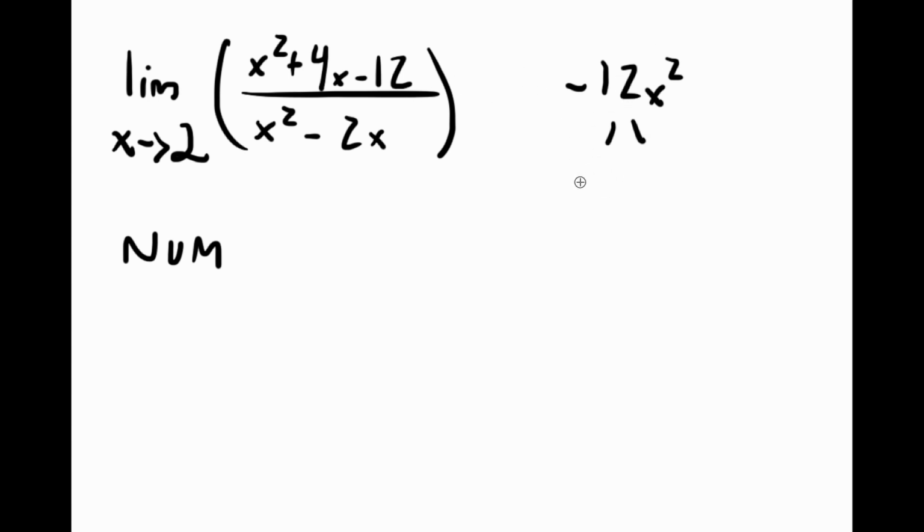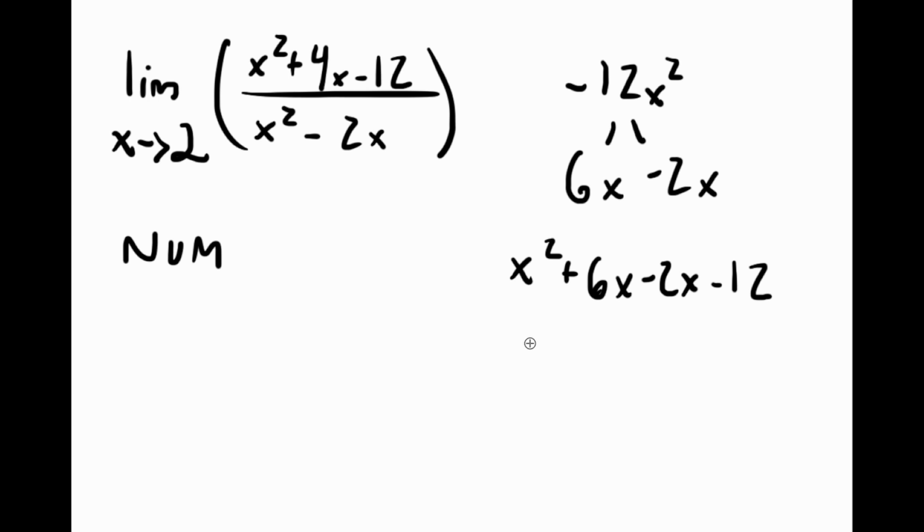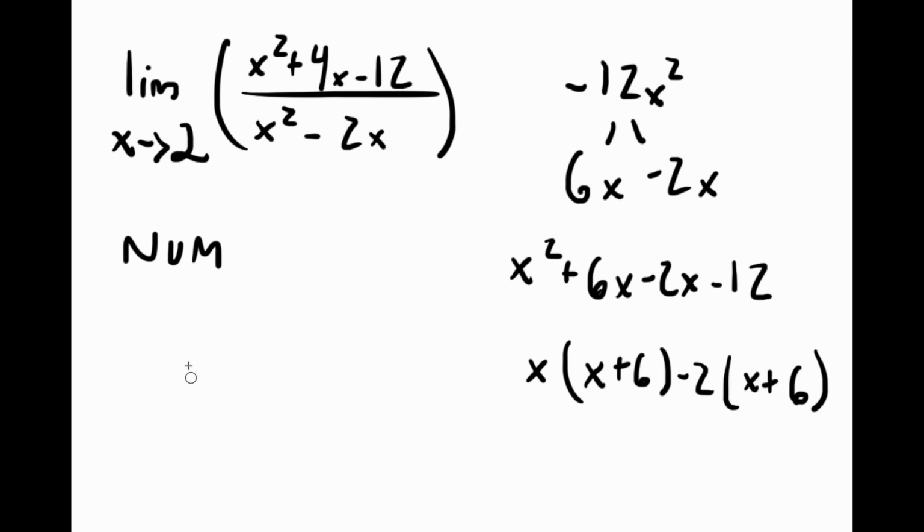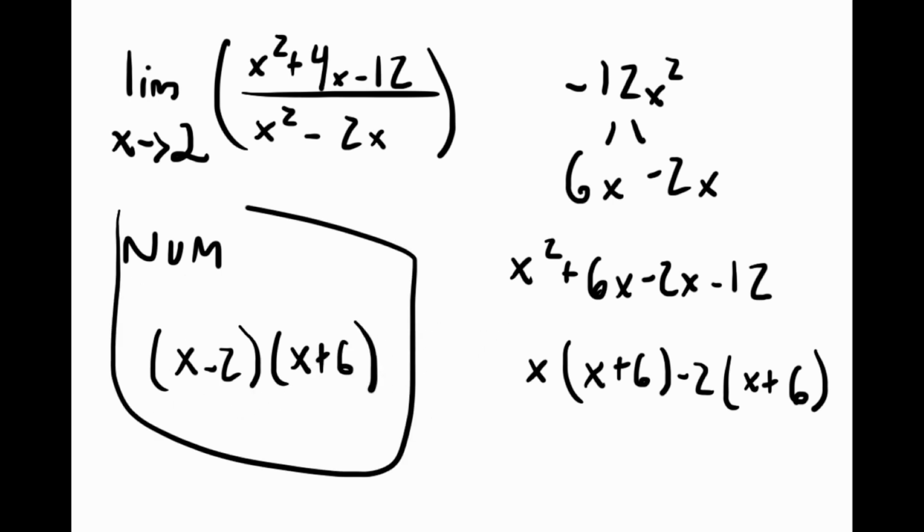And I think it's 6x and negative 2x. So then it's just going to be x squared plus 6x minus 2x minus 12. We could turn this into x plus 6, negative 2, x plus 6. This turns into x minus 2 times x plus 6. This is what the numerator is going to be.